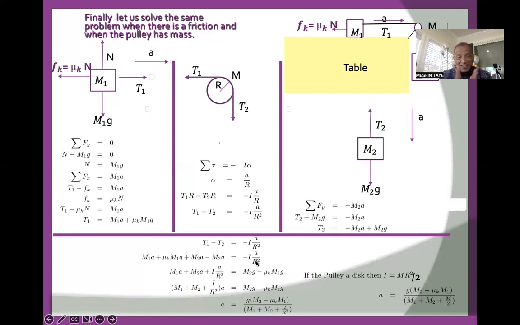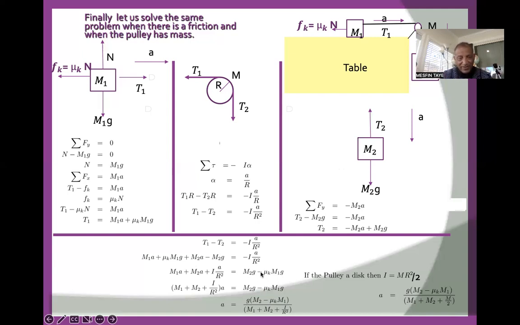Now collect similar terms: all acceleration terms to the left, all gravity terms to the right. When I bring this negative term to the right, it becomes positive. So M1A plus M2A plus I times A over r squared is equal to M2G minus mu k M1G. G is common for both of them; you can factor it out.